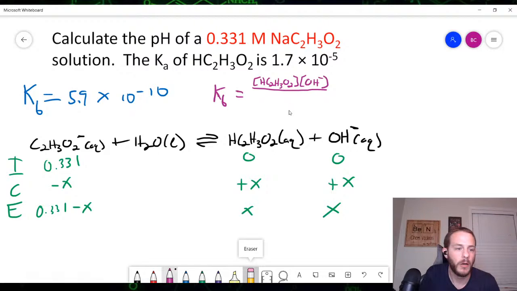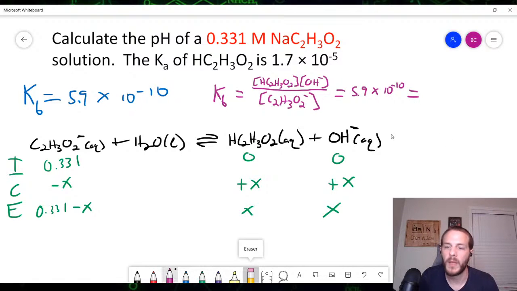I'm putting it in here so there's no confusion. Divided by acetate ion, C2H3O2 minus. So Kb, which is equal to this long-winded expression, is also equal to 5.9 times 10 to the minus 10, which we calculated earlier.